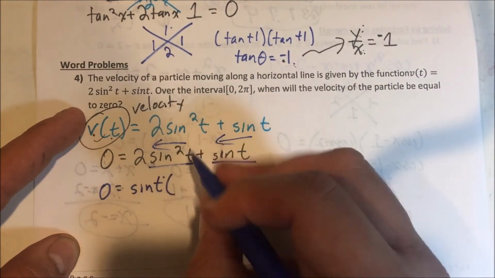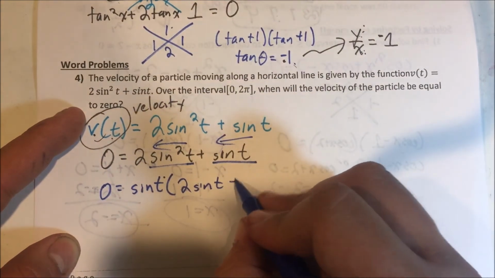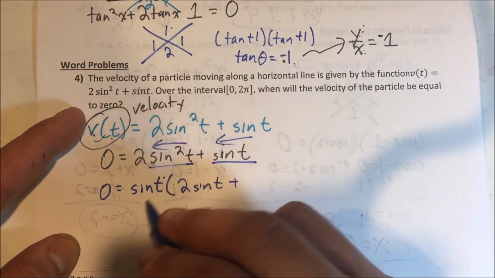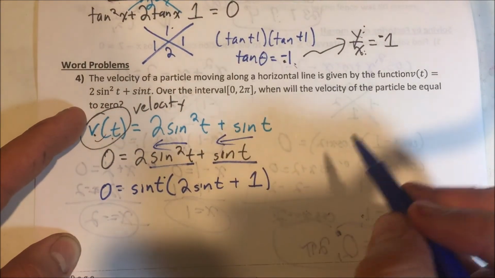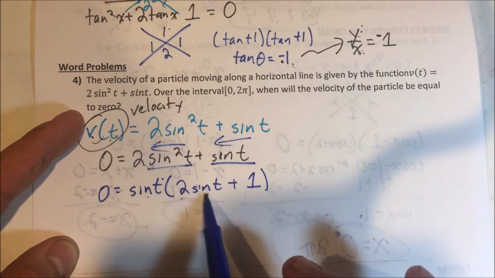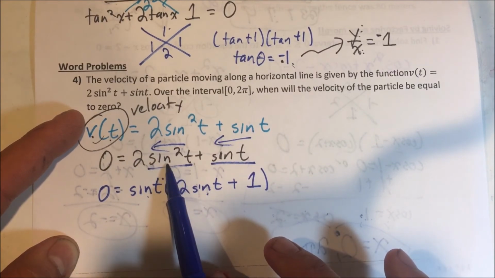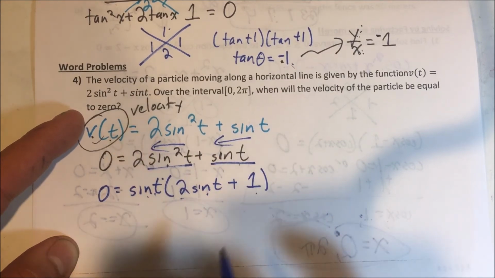And what's left over? Well, the 2 is there. There's a sine that didn't get pulled out, that's in front. And the sine of t here got pulled out completely, but you still have to put a 1 to indicate that something is there. And again, redistribute if you're ever confused. Sine t times 2 sine of t is 2 sine squared. Sine of t times 1 is just sine of t.